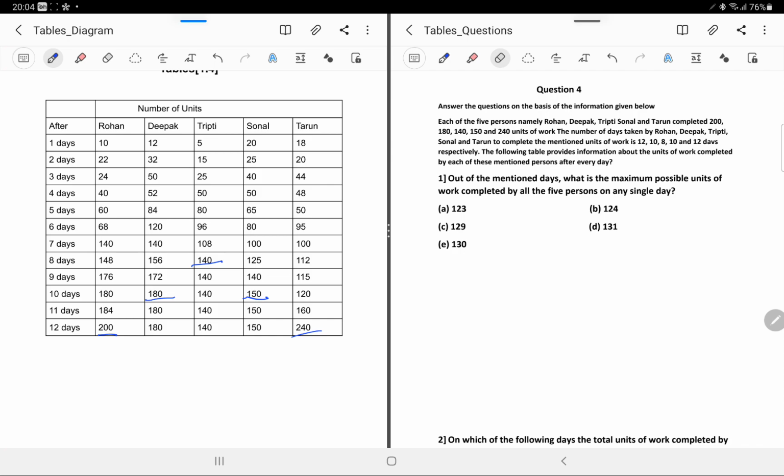The following table provides the information about the units of work completed by each of these persons after every day.